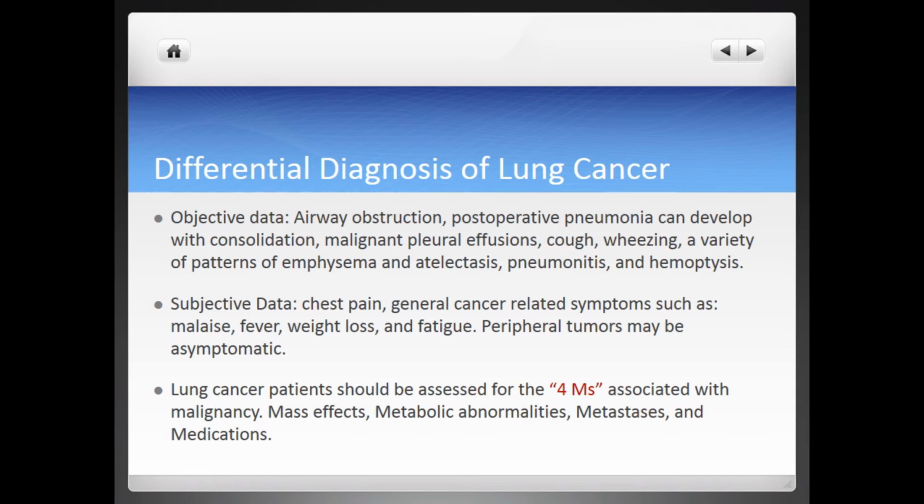Differential diagnosis of lung cancer. Lung cancer patients should be assessed for the 4 M's associated with malignancy: mass effects, metabolic abnormalities, metastasis, and medications.